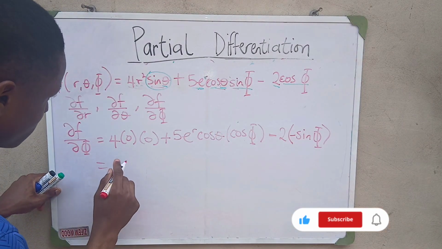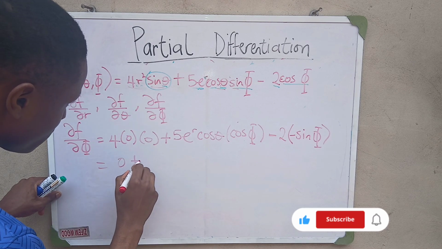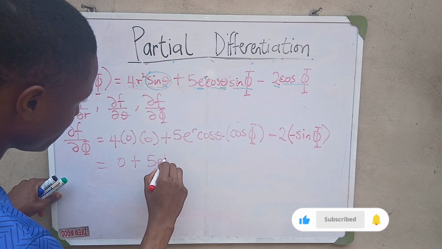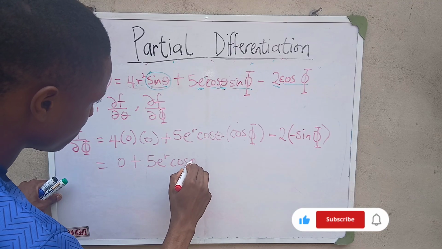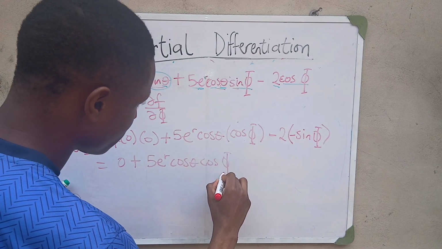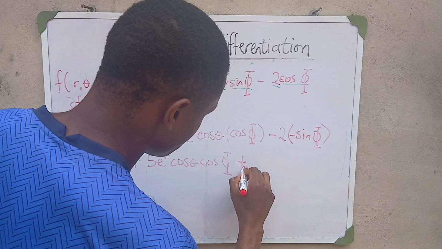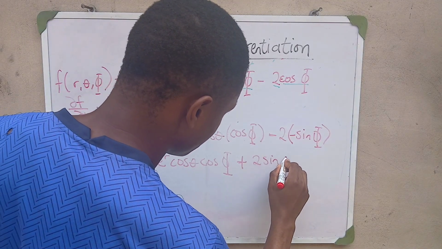So this is equal to, this times 0 times 4 is 0 plus 5 exponential r cos theta cos psi. This times this will give us plus 2 sine psi.